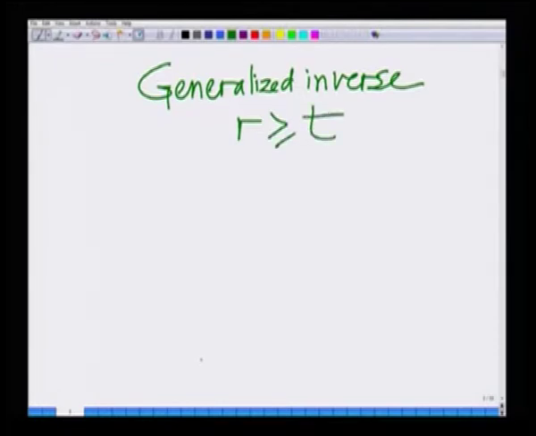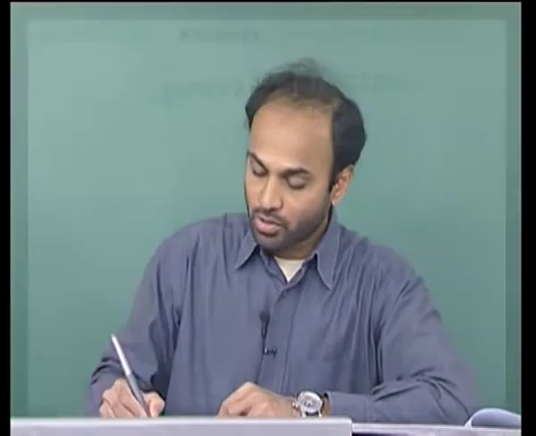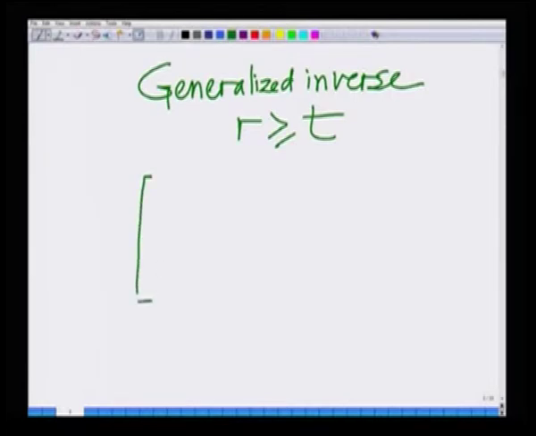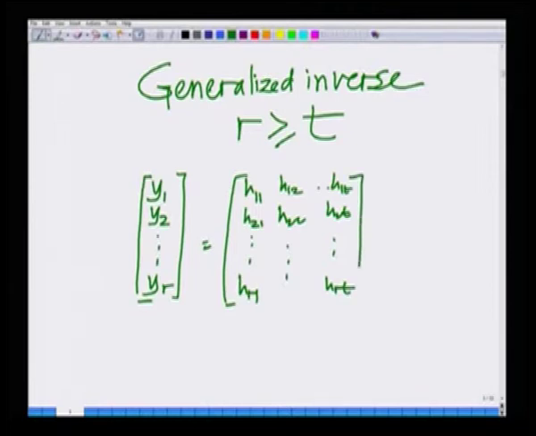So, if R is greater than or equal to T, I have the following situation. I have y1, y2 up to yr equals the matrix with entries h11, h12, h21, so on up to hr1, h22, h1t, h2t, so on hrt.